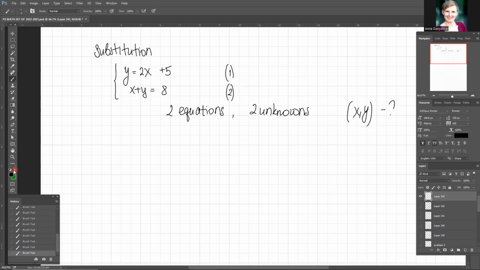I will use this expression in place of y in line 2. So if line 2 looked like x plus y equals 8, now instead of y, I will put 2x plus 5.